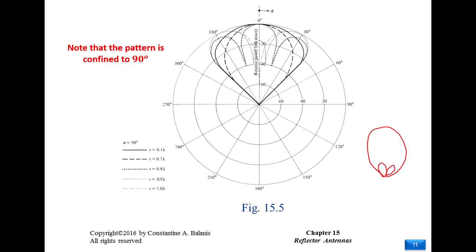There is nothing like this, because in this angle, for example, if this is whatever angle, and this is, so okay, so in this direction, what is the value of the radiation pattern? Is this value or that one? So it can't be this way. It must be like a single value function.